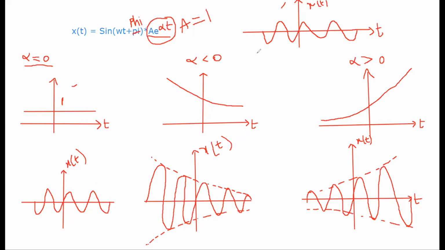If we multiply with the decaying exponential, the resultant may be a decaying sinusoidal signal. Similarly, with a growing exponential, the resultant might be a growing sinusoidal signal. Is it clear?